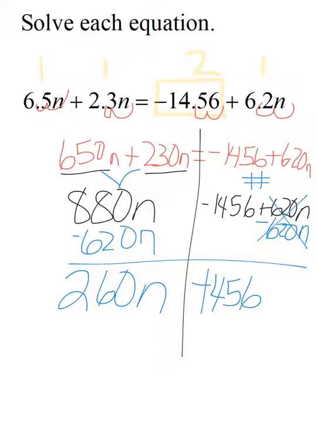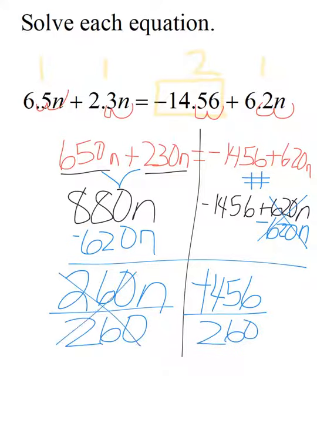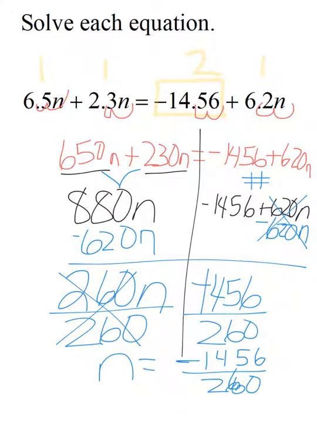So now I've got constants on one side and variables on the other, so I can divide by my coefficient of 260. So n would be equal to negative 1456 over 260. That would reduce because I see that they're both even. However, all of your programs will accept the unreduced portion.